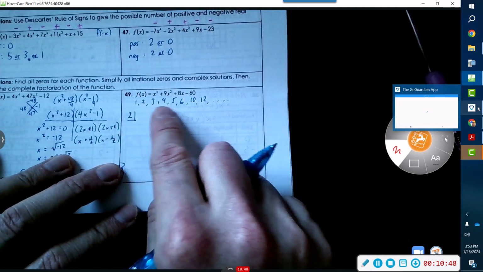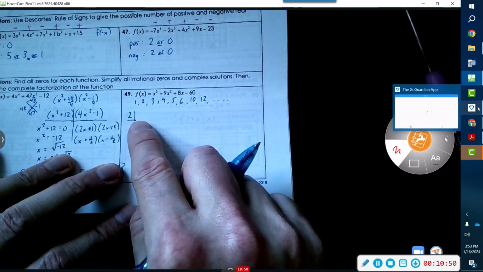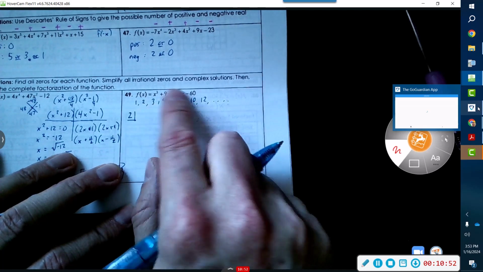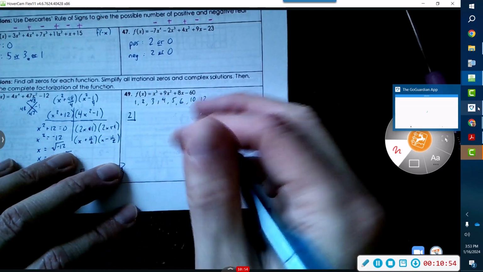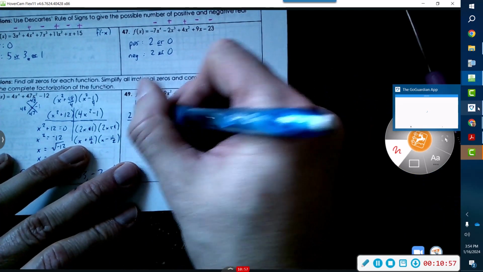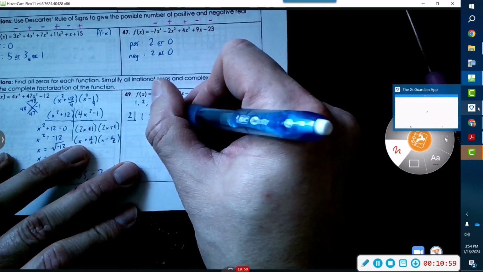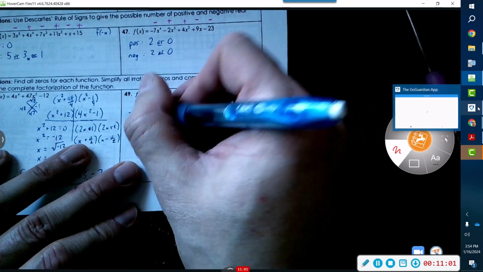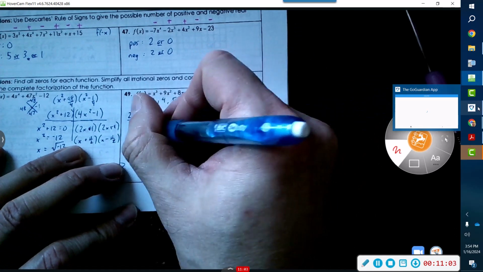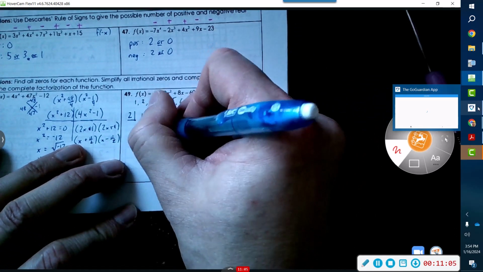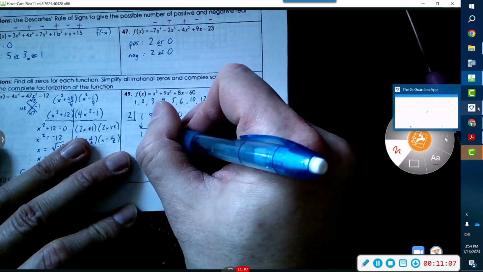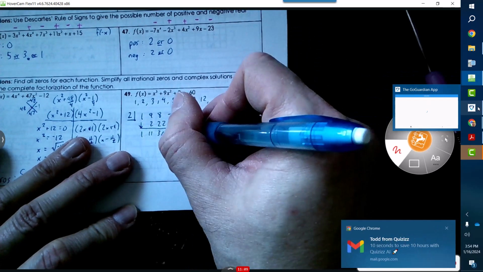Just start off with the list and know that it'll probably be within the first 6, usually. So we're going to go 1, 9, 8, and then -60. 1, 2, 11, 22 is 30. That's +60. And so we get 0.